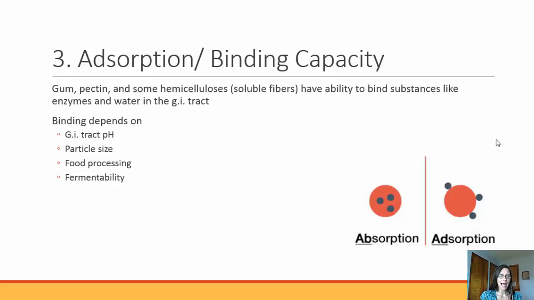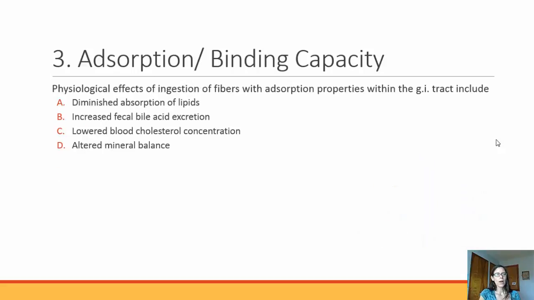Its ability to bind depends on the pH in the GI tract, the particle size, food processing, and fermentability. Adsorption capacity is associated with physiological effects in the GI tract, and we'll talk about why. It is associated with diminished absorption of lipids, increased bile acid excretion, lower blood cholesterol, and altered mineral balance.